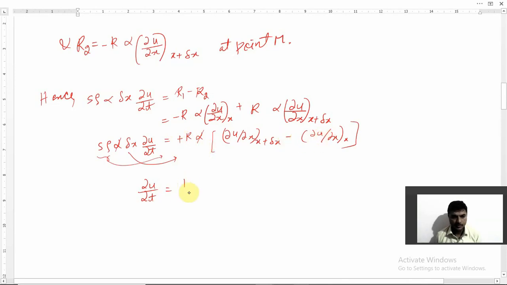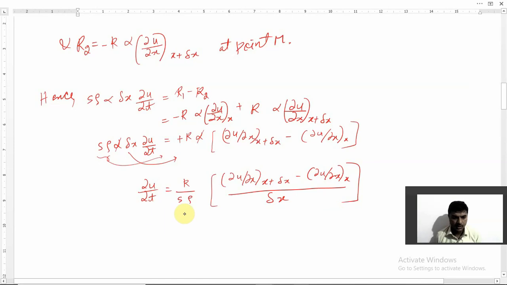So here it will be R upon S rho, and delta x also I will take on this side. So this will be like this: dou u upon dou x, at x plus delta x minus dou u upon dou x, at x, divided by delta x. So this is the equation, students.